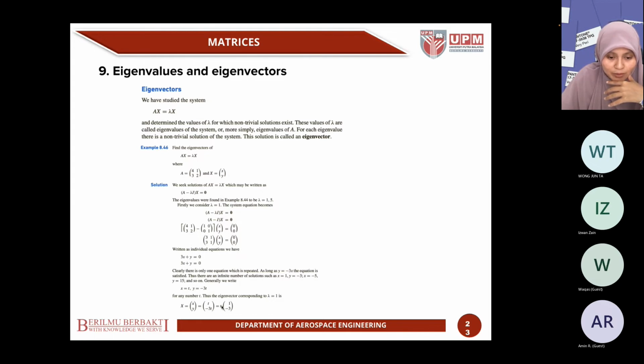If you want, we can factorize t, the free variable, so we get 1 and minus 3. So in the end, we get the solution for the eigenvector.